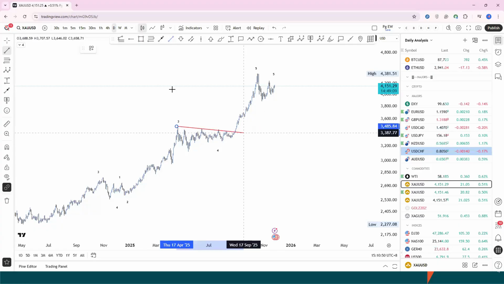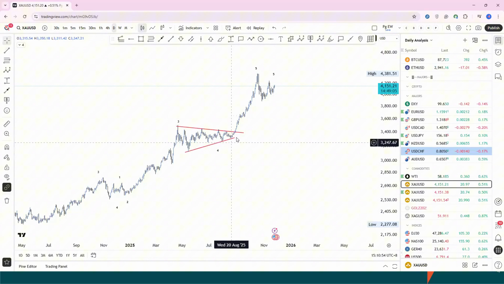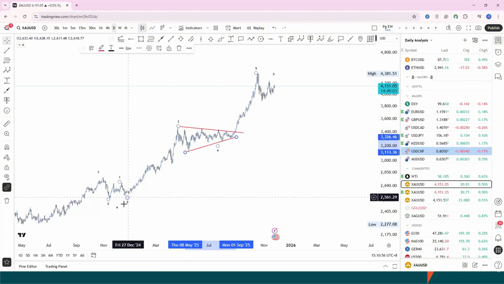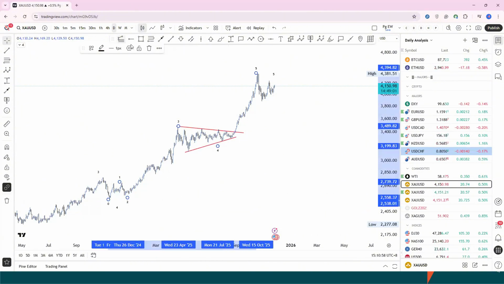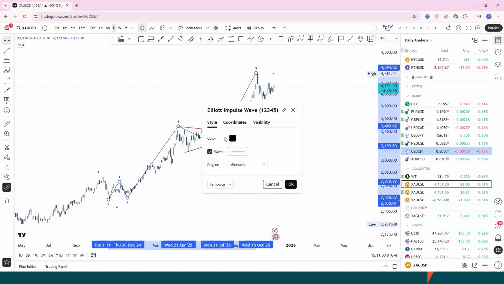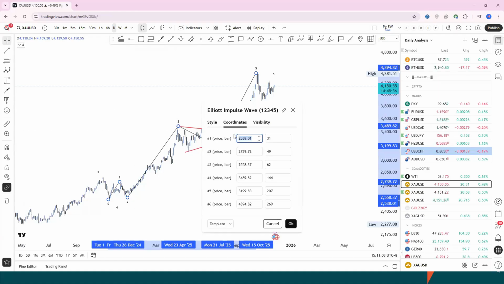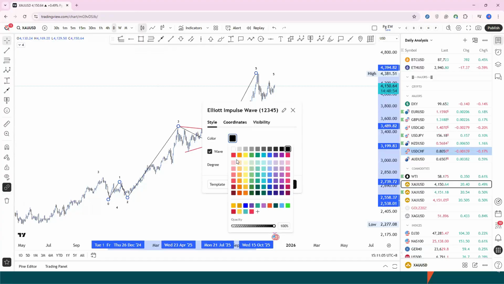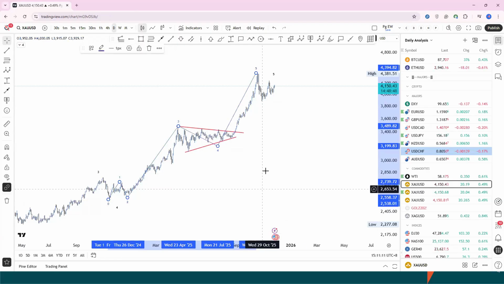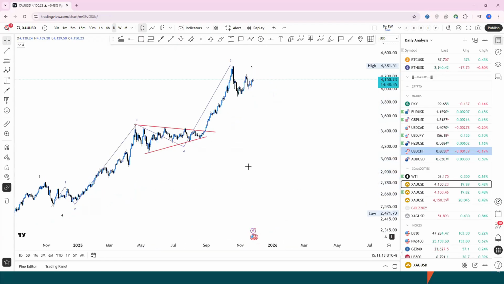Remember this triangle? This is usually what you're going to see in wave 4. Okay, like that.